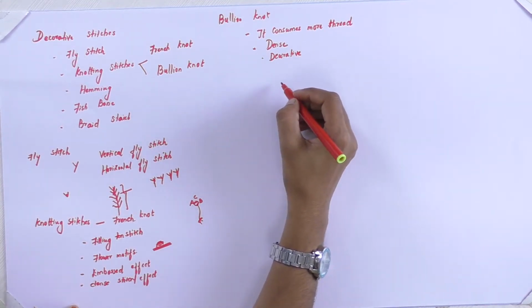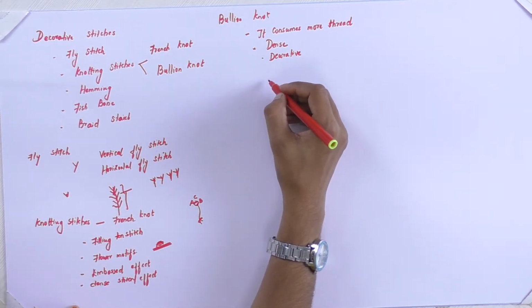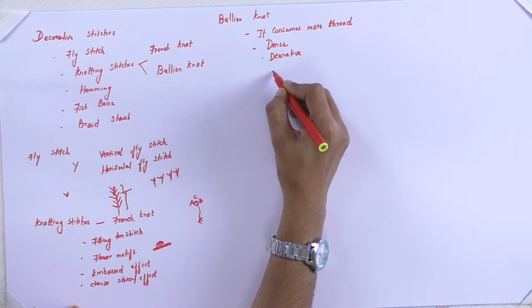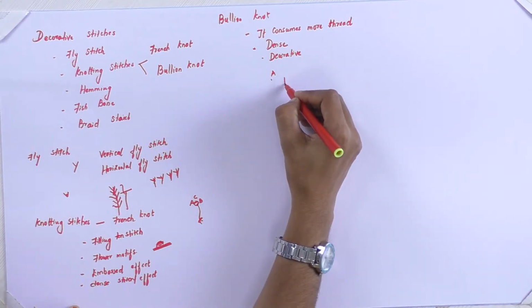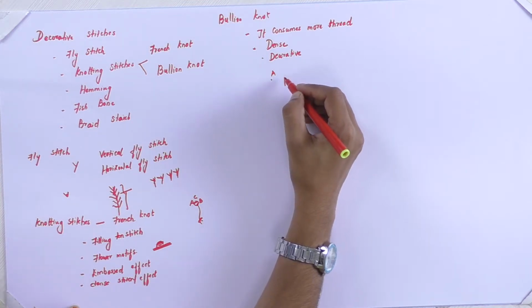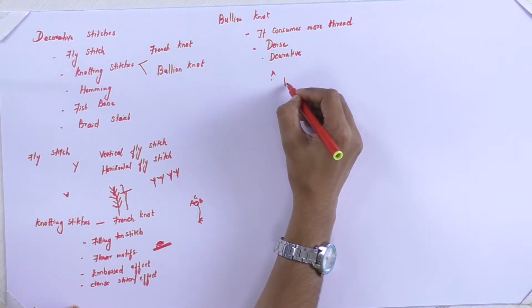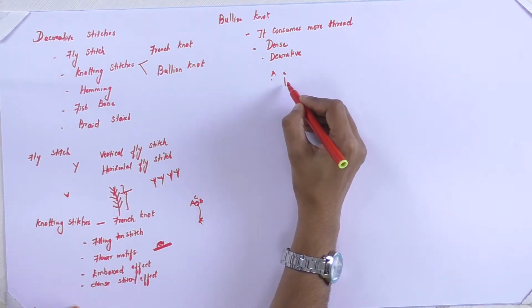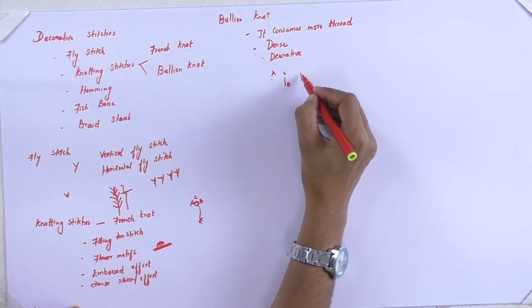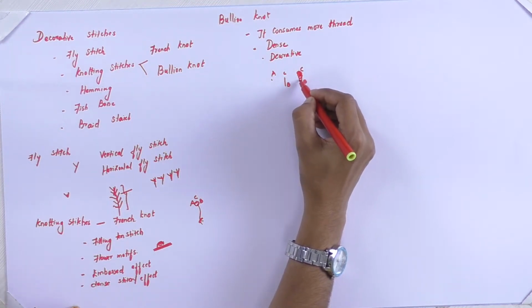For doing this Boolean knot, your needle and thread should be in the position like this: you have to take the needle at the point A, you have to decide the distance B to C, and you are supposed to wrap this B to C length of needle n number of times with the thread you have.